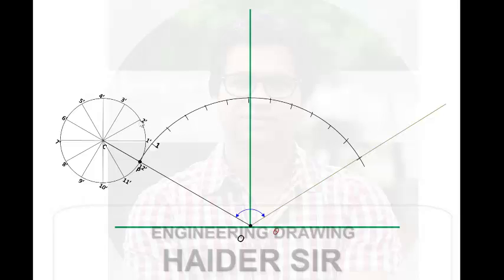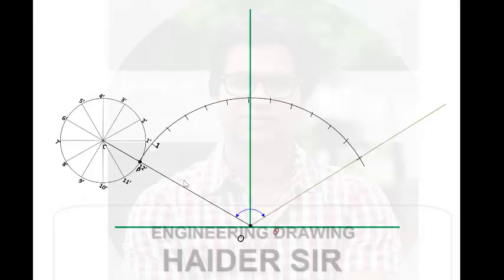Take the radius of one of the parts of the circle. So take the radius from 2 dash to 3 dash and start cutting the arc from here. If you have done it accurately, precisely, then definitely your 6th arc will be cut here and the 12th will be here. This is the easiest way.